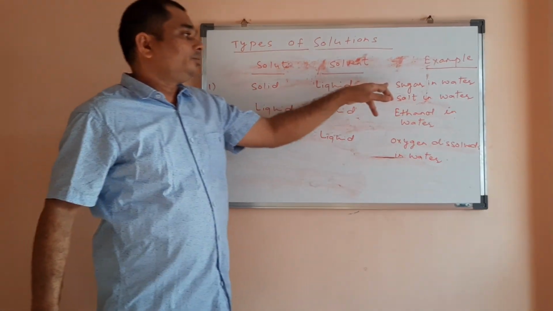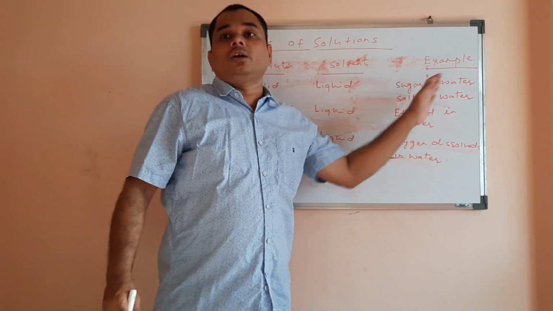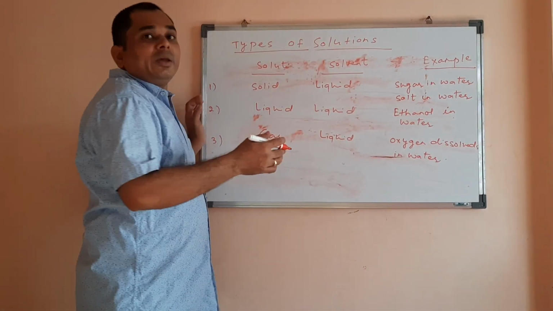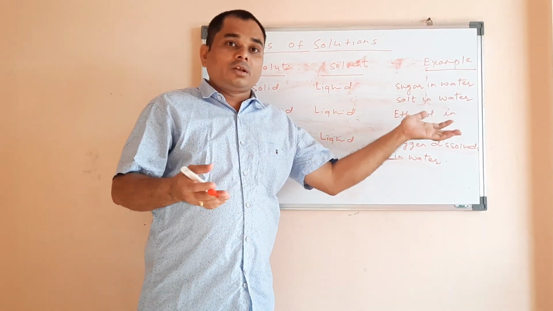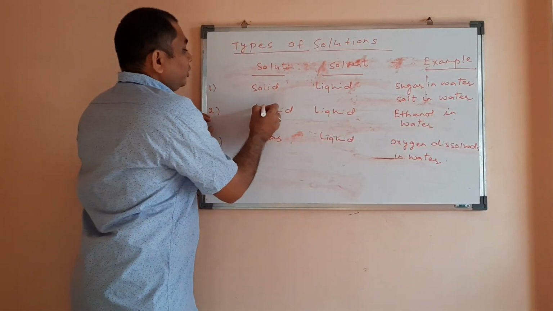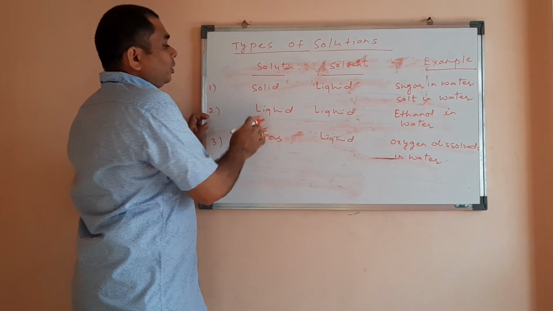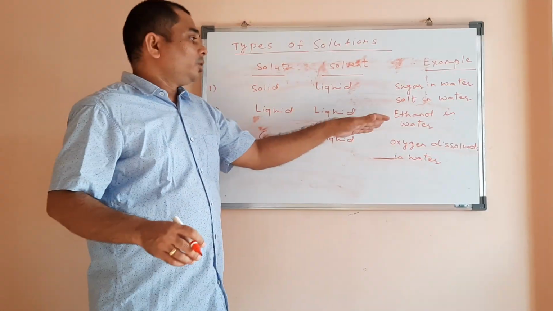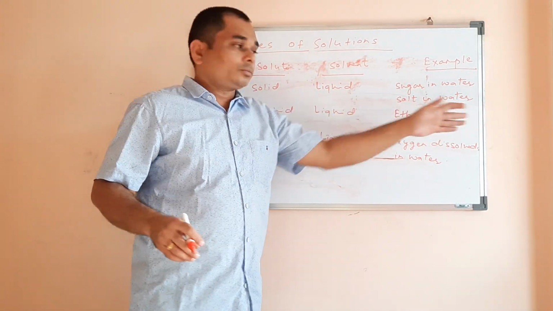The examples are sugar in water, salt in water, or benzoic acid in benzene. This is also an example of a solid in liquid solution. The second type of solution is a liquid solute and liquid solvent. This is ethanol in water.